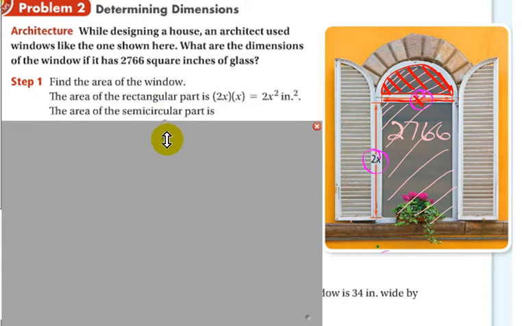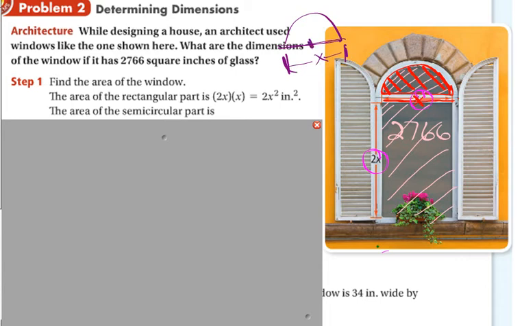Now the area of the semicircular part, well, what do we know? It's going to be 1/2 the area of a circle. What's the area of a circle? Pi r squared. So it's going to be 1/2 of pi r squared. But what's our radius of this circle? If we have a half a circle, and we know that from here to here it's x, well, the radius must be what?